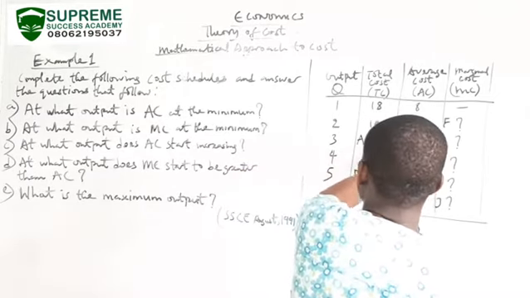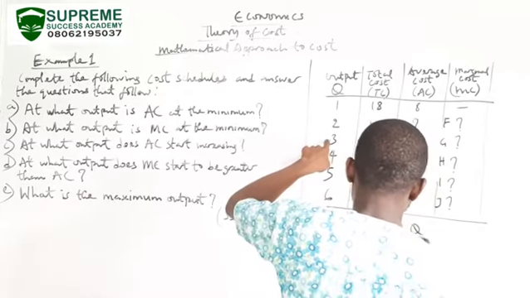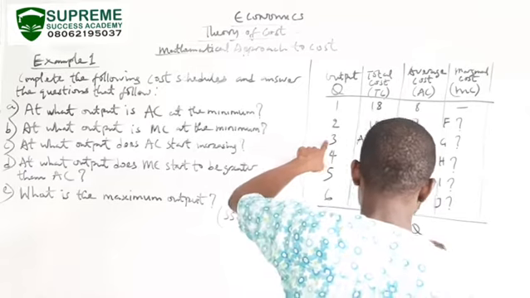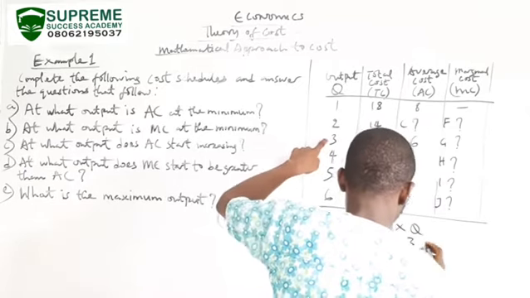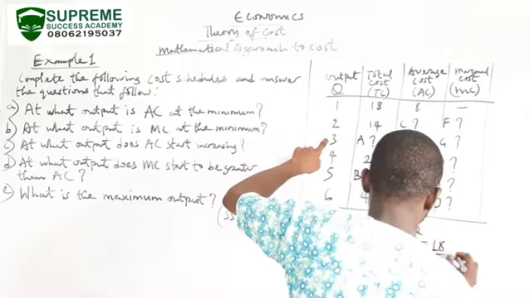The average cost is 6. Then 6 multiplied by the output, which is 3. 6 multiplied by 3 will give us 18.